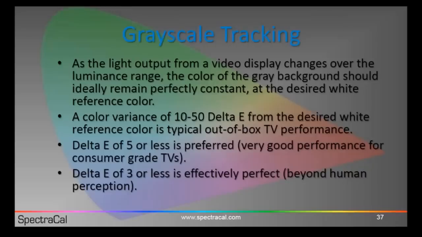Whereas for a calibrated display, we'd want the delta E typically to be 5 or less, indicating that the color of white or the color of gray that the display is producing is much closer to what its target state would be. And a delta E of 3 or less is effectively perfect. Normal humans in viewing two different colors of white, which are within a delta E of 3, would typically not notice that difference.